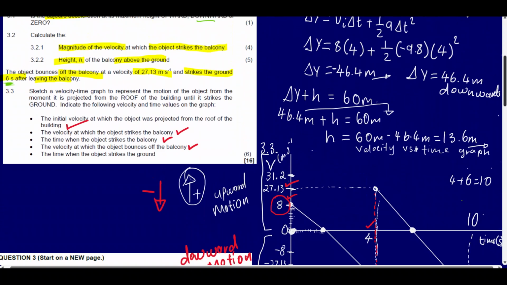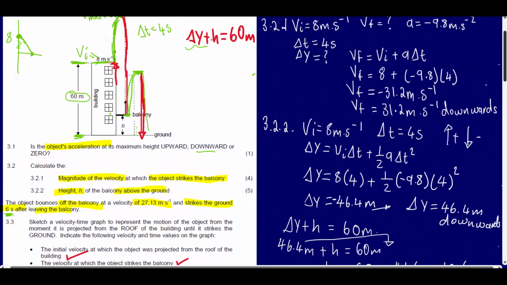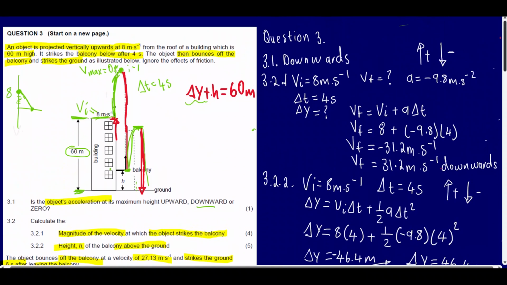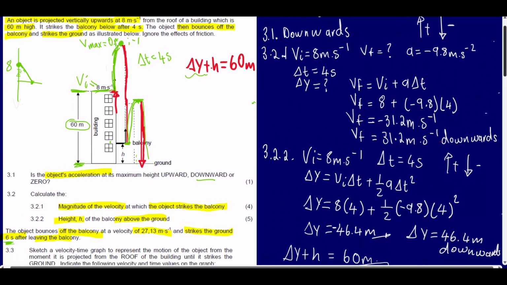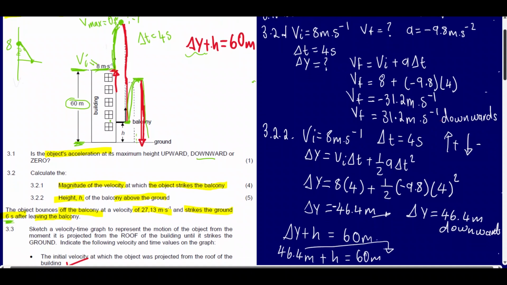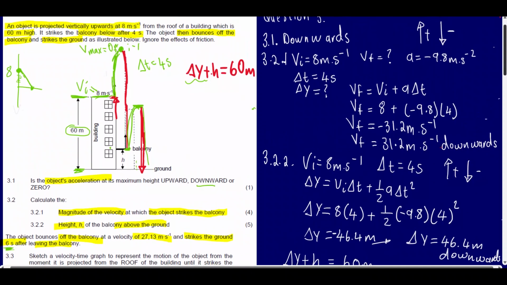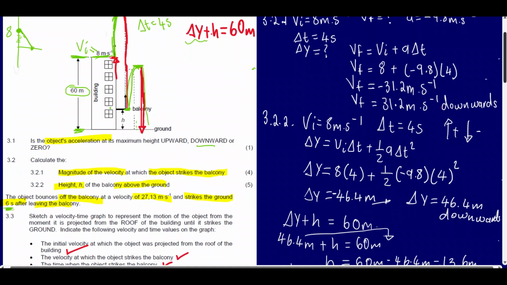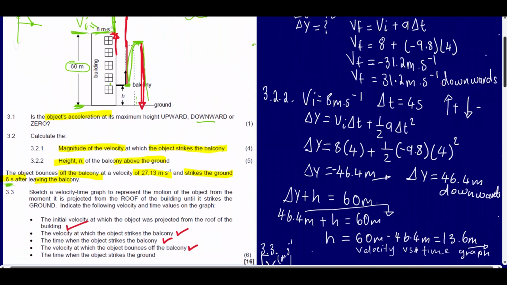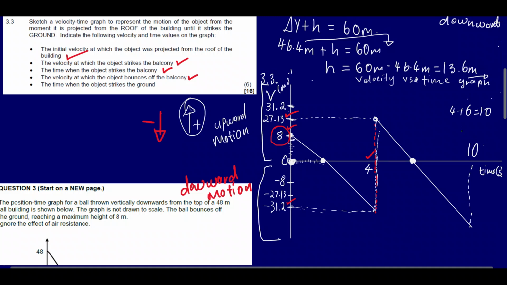I hope you'll be able to draw the graphs. It's not that complicated. You just need to do the correct calculations, and have some imagination of these illustrations I was making to explain this, showing you the upward motion and the downward motion.